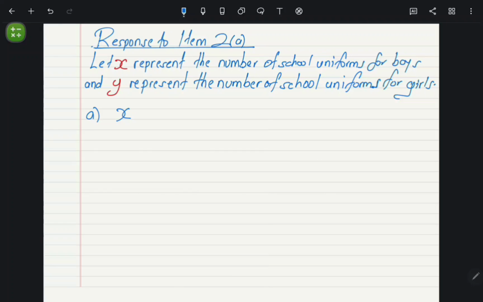So the inequality symbol that we have to use here is greater than or equal to 80. So this is our first inequality, that the tailor makes at least 80 sets of uniform for boys, meaning that the tailor will make 80 uniforms but not less than 80. So they can either be 80 or more than 80. So we have finished our first inequality.